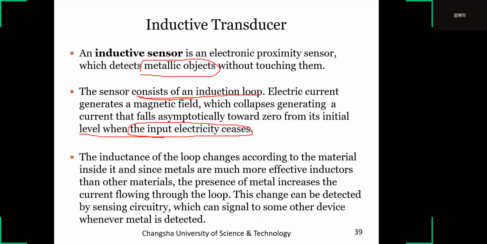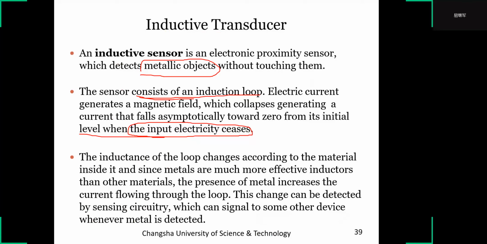The inductance of a loop changes according to the material inside it. Since metals are much more effective inductors than other materials, the presence of metal increases the current flowing through the loop.